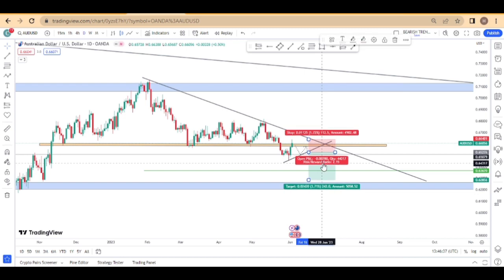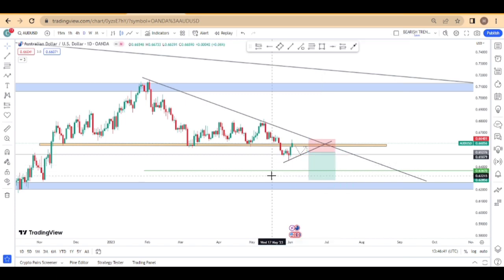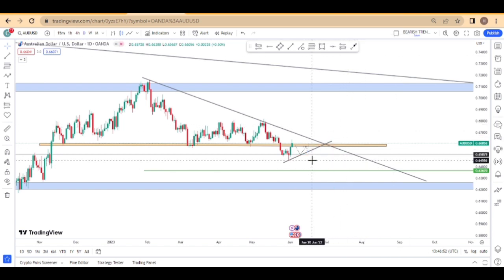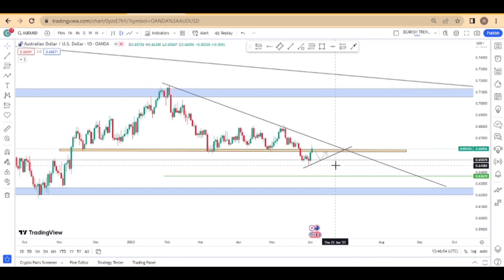My stops will be above the resistance bar. As long as this market is yet to fulfill my criteria for shorting in the next week, then I won't be interested in this market.